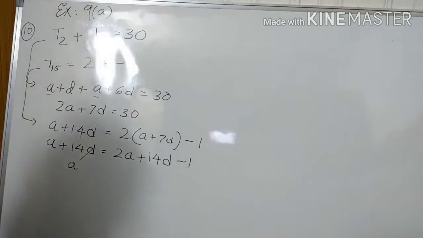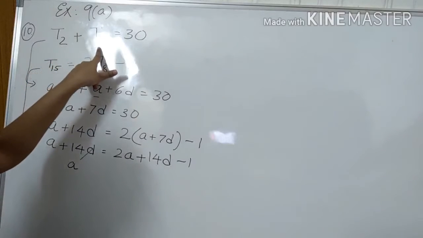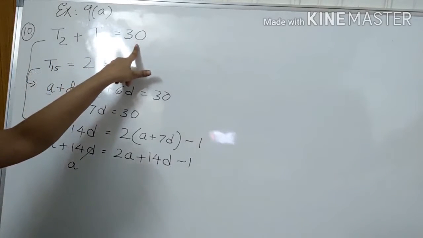Now, question number 10: the sum of the second and seventh terms of an AP is 30. If its 15th term is 1 less than twice its 8th term, find the AP. To solve this, first, in the first line, what we are given, I am writing here: term 2 plus term 7 is equal to 30.